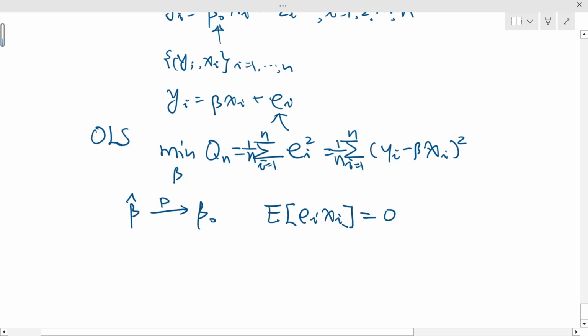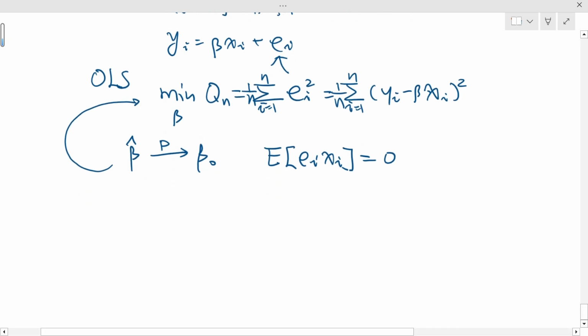That's the key assumption. However, note that this does not mean our starting point, minimizing the sum of squared errors, is correct. We may be lucky: starting from a wrong criterion, in the end we arrive at an estimator that converges to the true value in probability as n goes up.